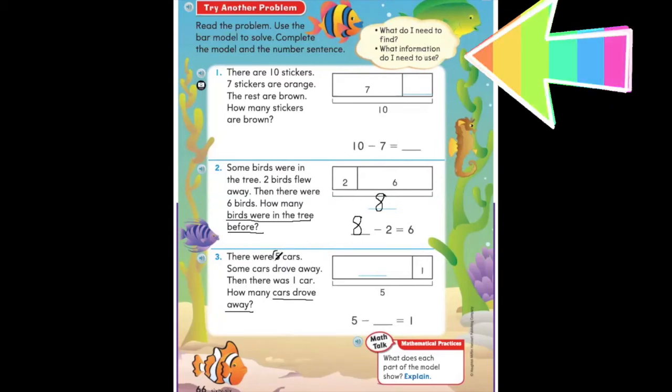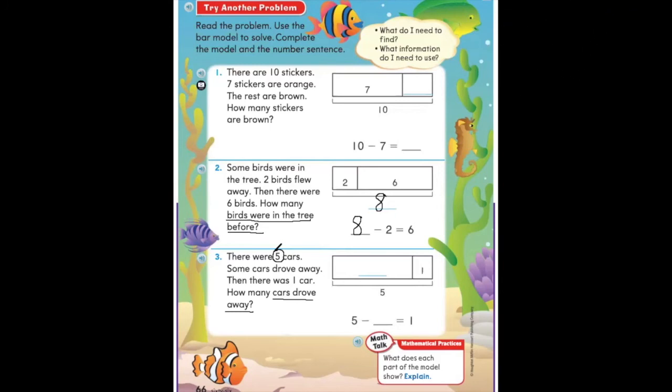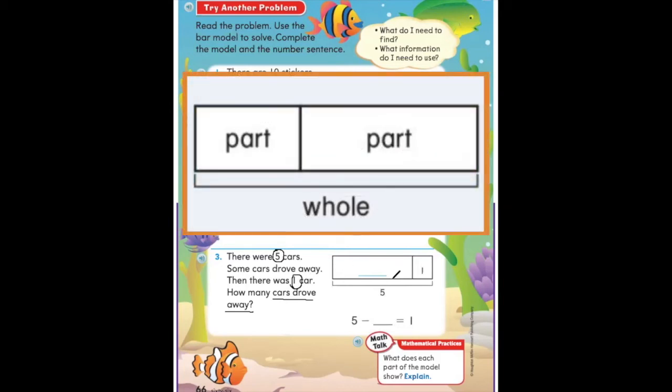We know there were 5 cars, so we will use the number 5. We also know that some cars drove away and then there was only 1 car, so we'll use the number 1 as well. Let's take a look at our bar model. Our bar model shows us 2 numbers.